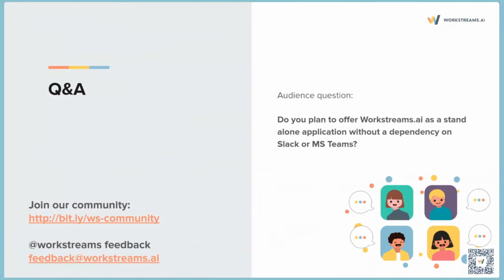And we are working towards achieving the first version of a standalone Workstreams.ai, in a little bit different way than the classic applications, probably within the next couple of months. So the internal aim is somewhere Q3, and if you would like to be part of this new thing, please drop us a line, and we would like to include you in our pilot program.